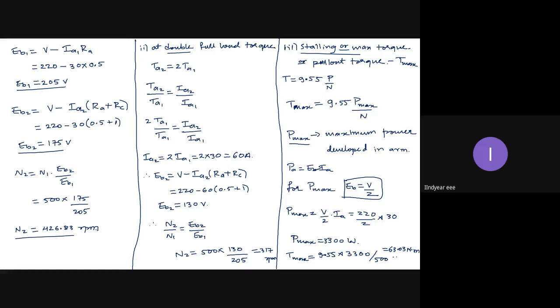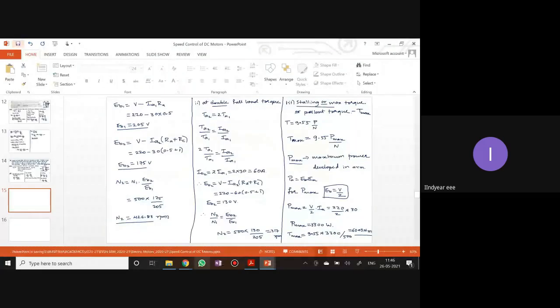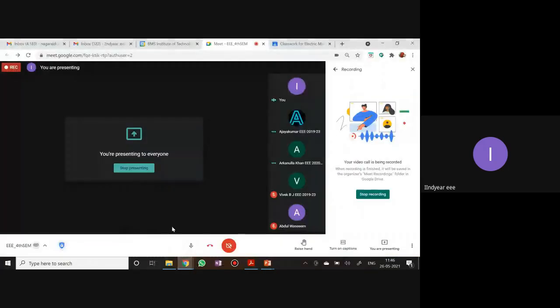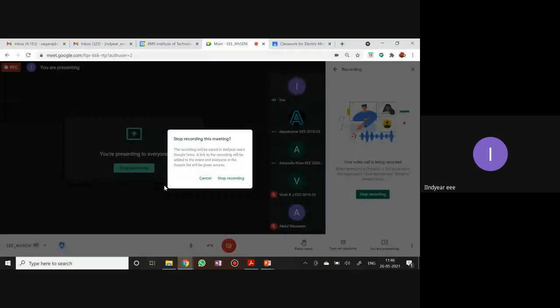So this is my maximum torque of the given DC motor. Any doubts so far? So this is all about today's session, today's class.